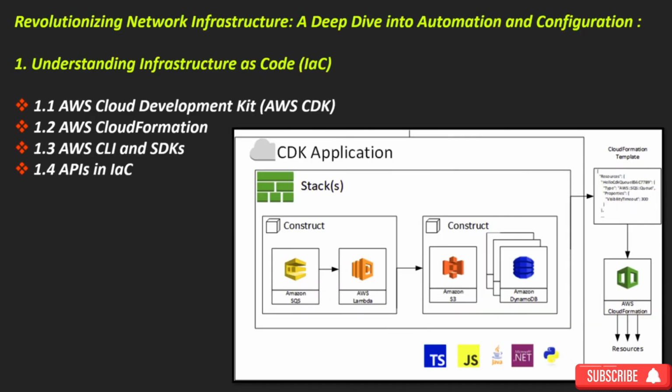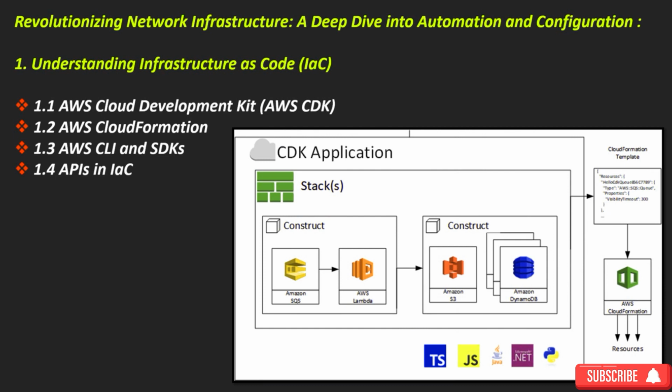Okay, the next point, transforming network architecture, a deep dive into automation and configuration, we need to discuss now. As I told, in the fast-paced world of technology, the demand for efficient, scalable, and agile network infrastructure is ever growing.